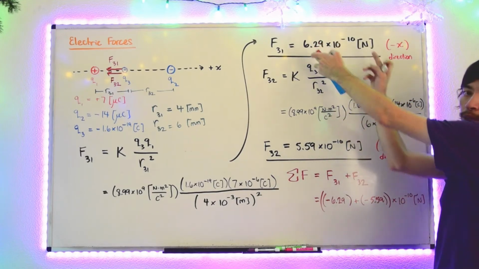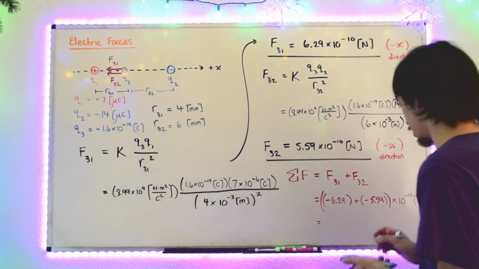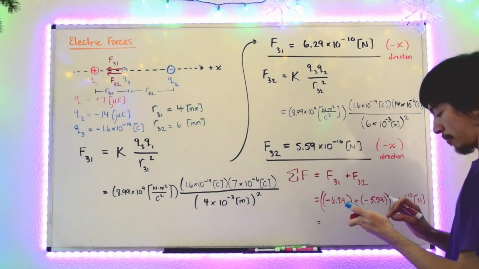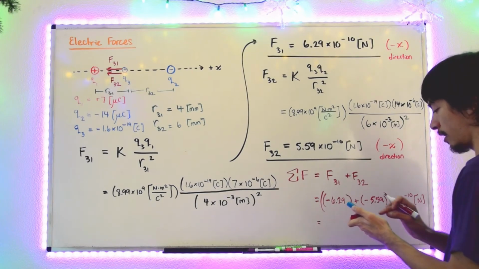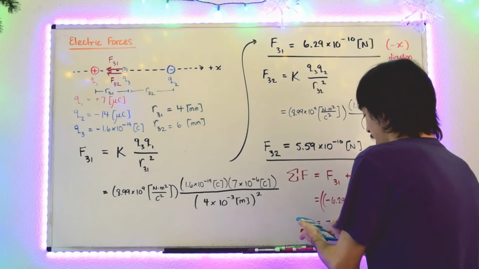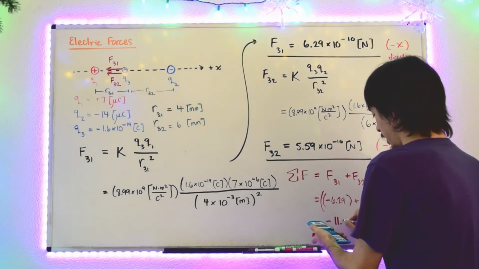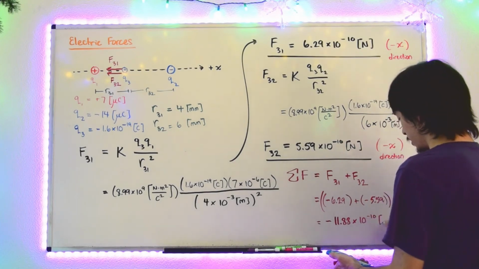Otherwise, just take that number and put it together with that number. Equals: 6.29 and 5.59 collectively make negative 11.88 times 10 to the minus 10th newtons.